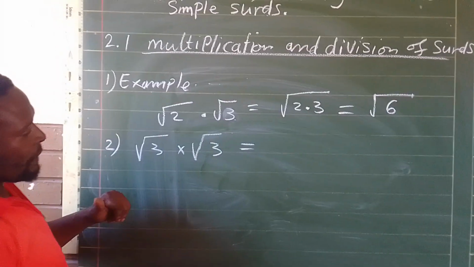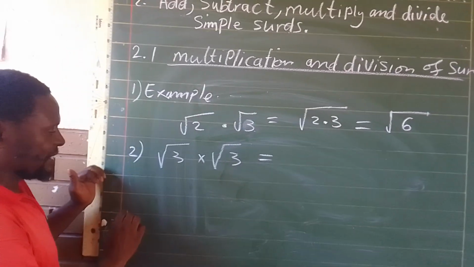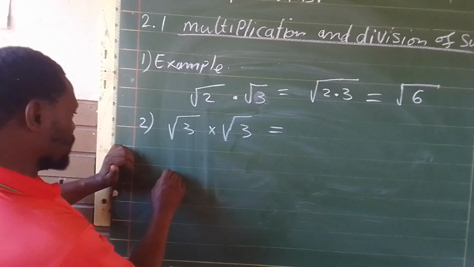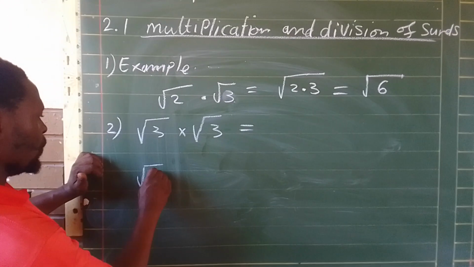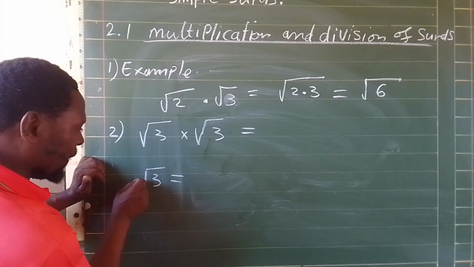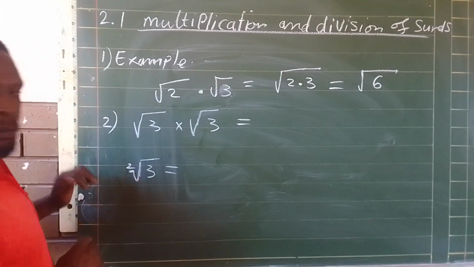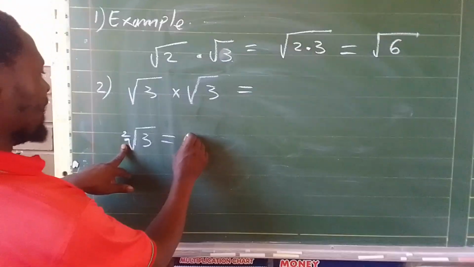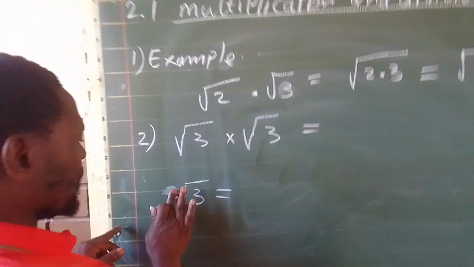I'm just going to show you something. A square root of 3 is the same as, there is a 2 sitting here.